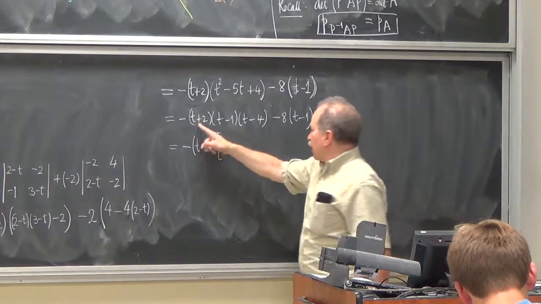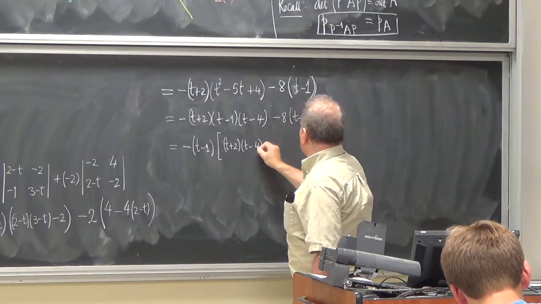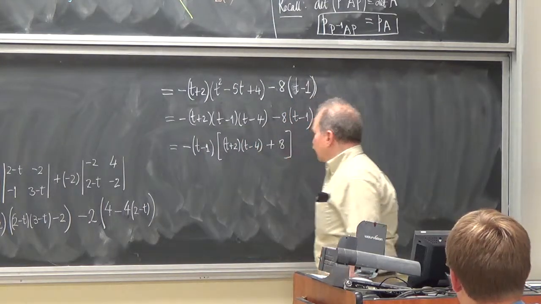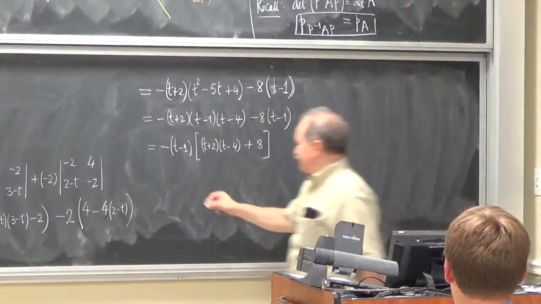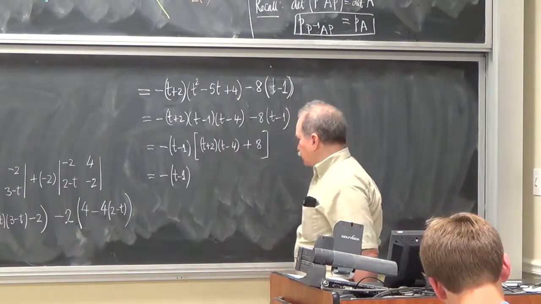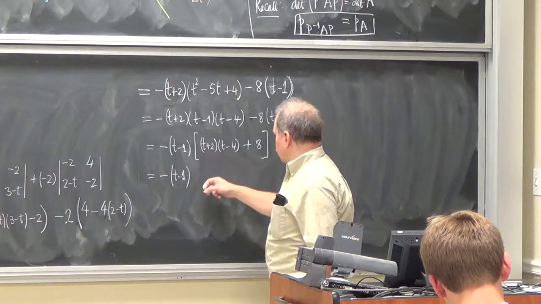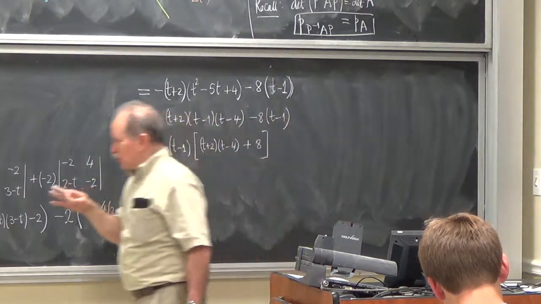So what do I have here? I have t plus 2 times t minus 4 plus 8. Now let's simplify. Please drop the negative, because we're setting it equal to 0. I'm still trying to write things that are correct.